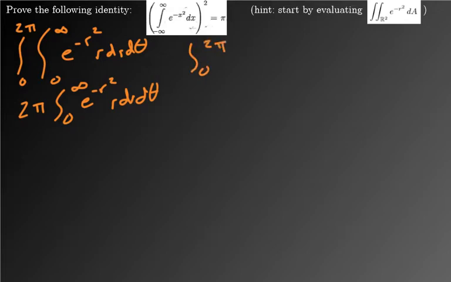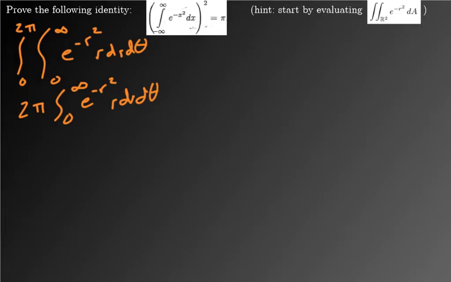So we don't have any theta dependence here, right? So we really can just do like 2 pi times the integral from 0 to infinity of e to the minus r squared r dr, just because you'll do an integral from 0 to 2 pi of like 1 d theta, so you'll get like 2 pi minus 0, right? So that's what I'm using to get this. I want to give myself room though.